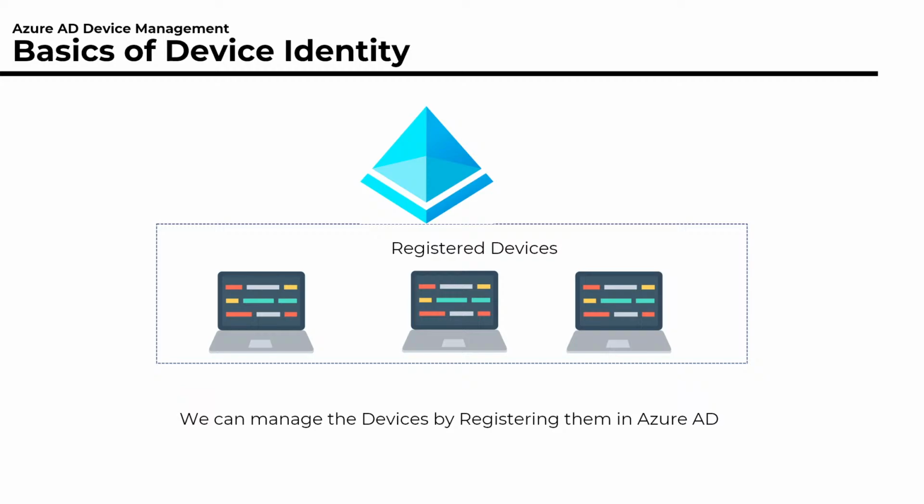So in that case, I will register my device onto the Azure Active Directory, and I will allow only network level access, and I will provide a specific set of rules where only the users coming from this particular domain or organization should log in to this device. So in order to perform all these security tasks or administration tasks, we need to register the devices to the Azure Active Directory.